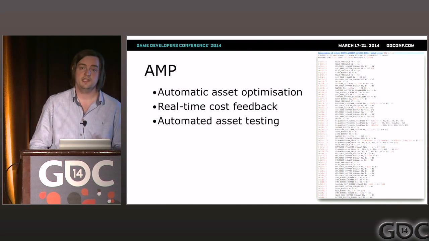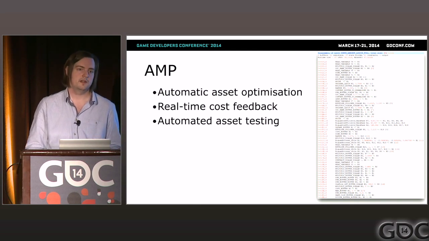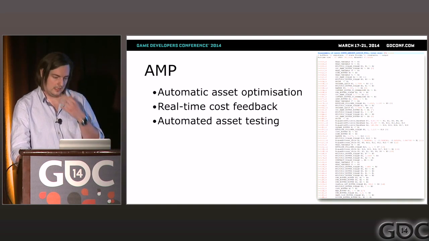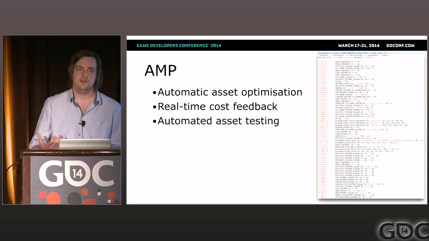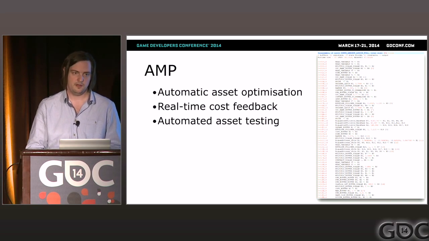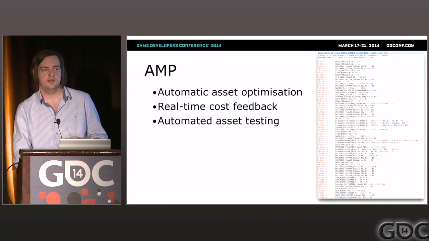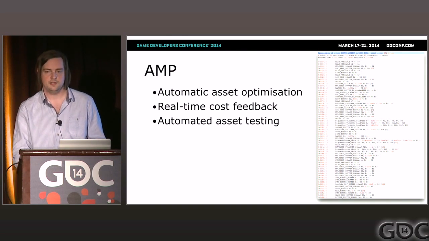And after all these optimizations are applied, the compiler spits out a list of procedural operations that run on a custom virtual machine. Because each of these operations has a very fixed cost at runtime, we can measure that cost on all the target platforms and use that to provide real-time performance information to the sound designers.